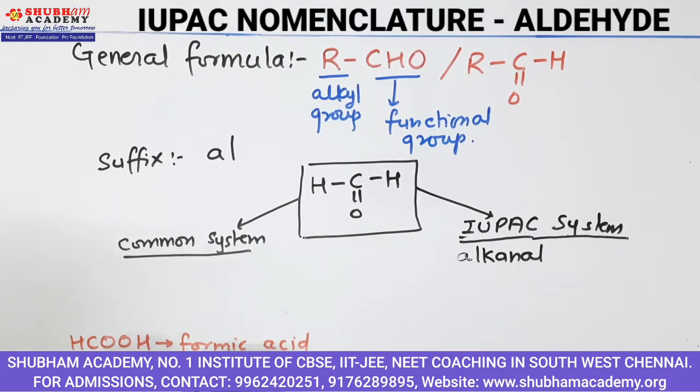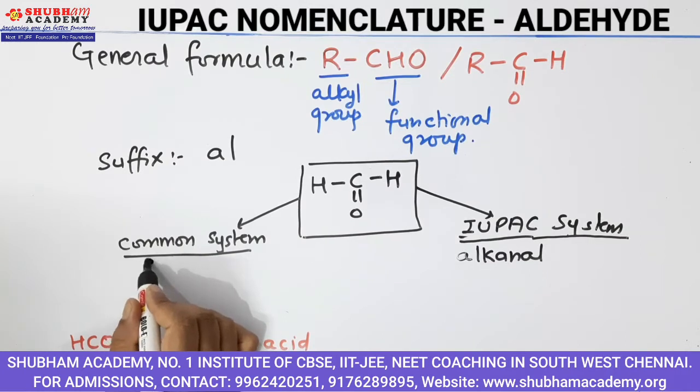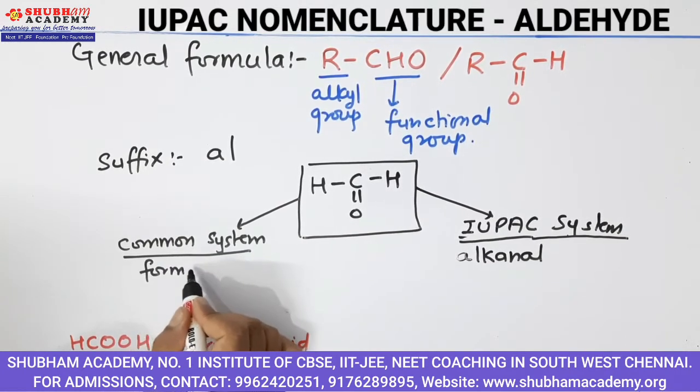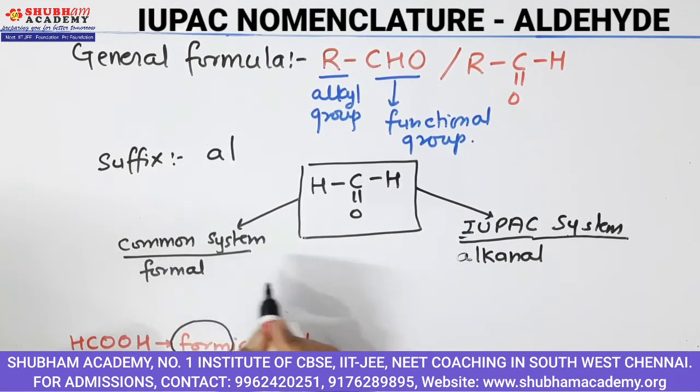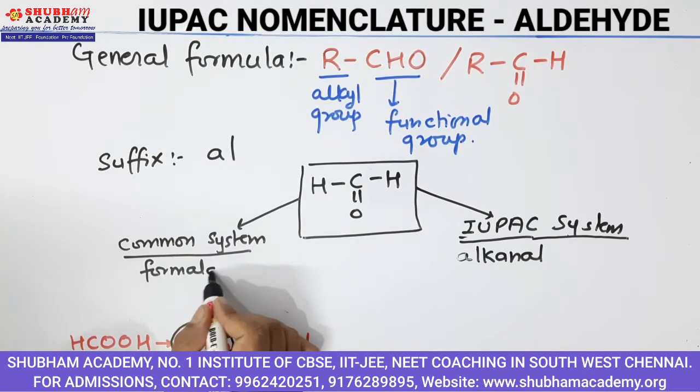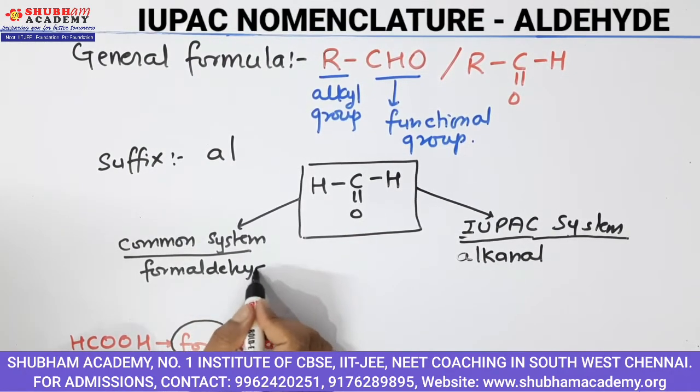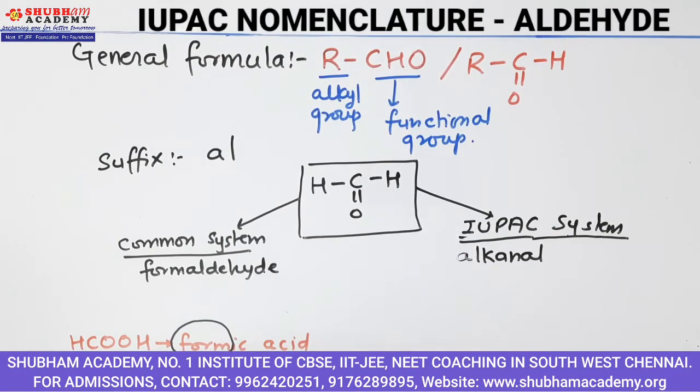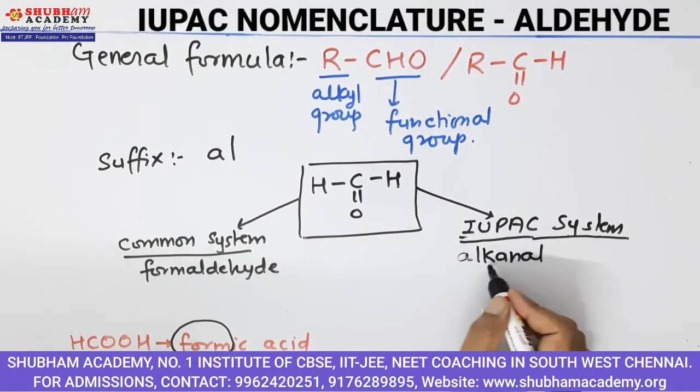So what we'll do, we'll take this form part, right? So we'll use this part here. So the common name is form and the complete name of the functional group, aldehyde, right? So the common name of this compound is formaldehyde and the IUPAC name is alk.